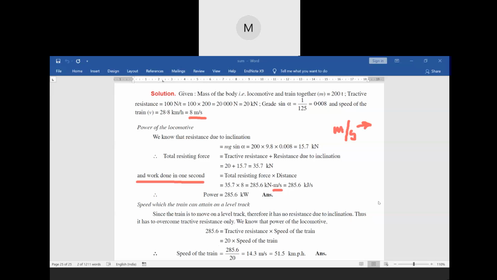Akidul, just say, how will you find out? Oh, sir, power is the work done in a unit of time.